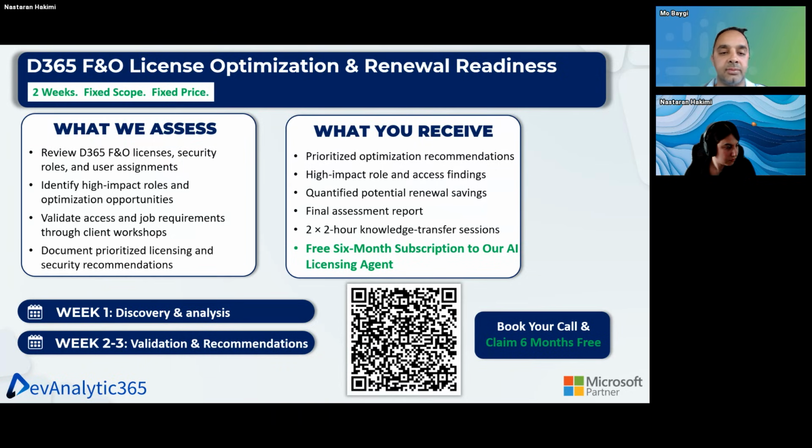As we talked about earlier in the call, if you give us your number of users, we can easily give you the amount of saving you can do and a typical amount of saving we see, and you'll get a full final assessment. Now we just added that the agent will be provided to you free of charge. You can use it, and that can not only do your one-time saving, but as well could do your ongoing governance from a security and license perspective.